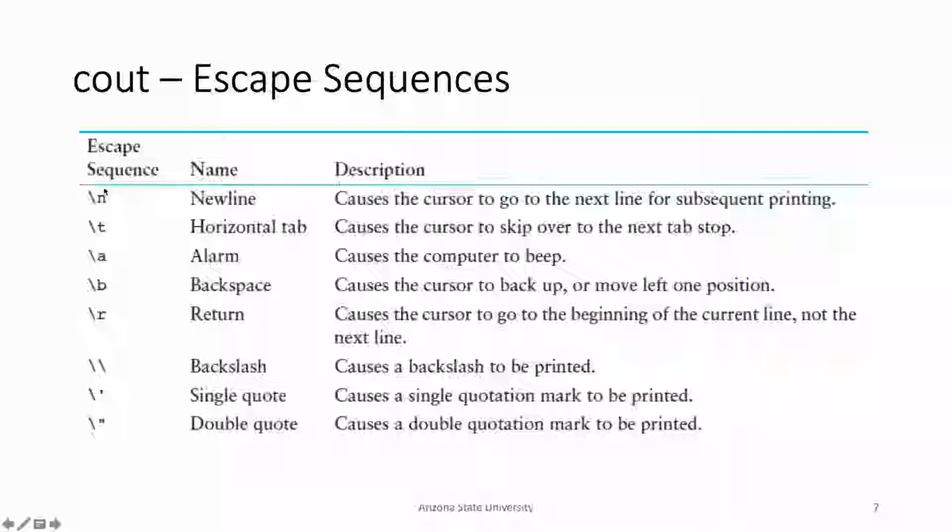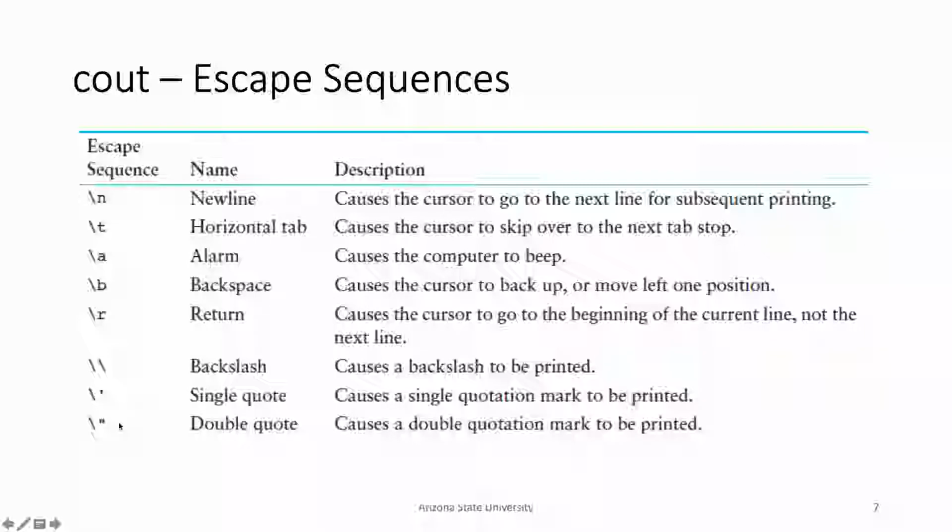So in the case of \n and \t, either a new line is going to be printed or a tab is going to be printed. These ones are less common than the top two, but they have had some use before. The other three that are more common are \\, if you want to actually print a backslash, a single quote, or a double quote.